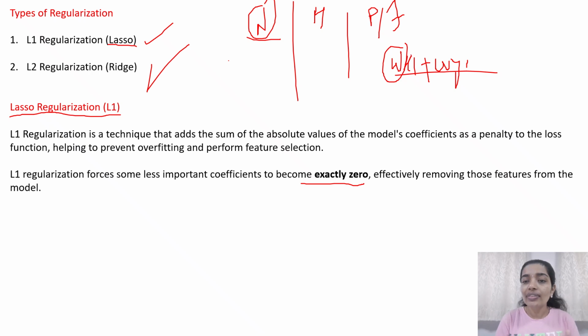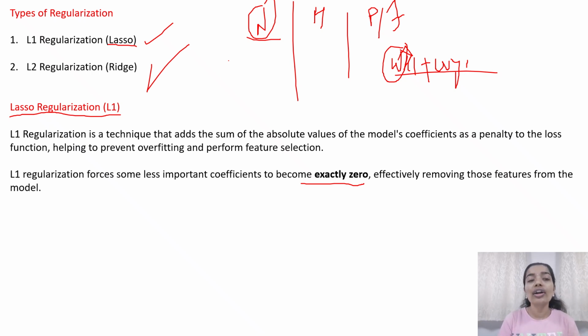What will happen then? If something is multiplied by 0, obviously the answer will be 0. So the importance of this feature will be automatically gone.